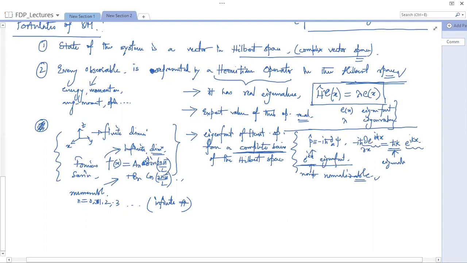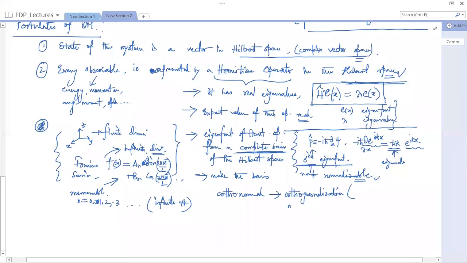Eigenvalues are real, eigenfunctions form a complete set of bases, and you can also change the basis and make the basis orthonormal by orthogonalization and normalization.